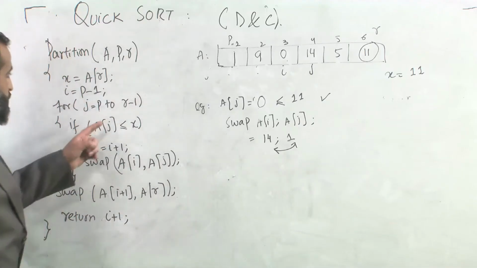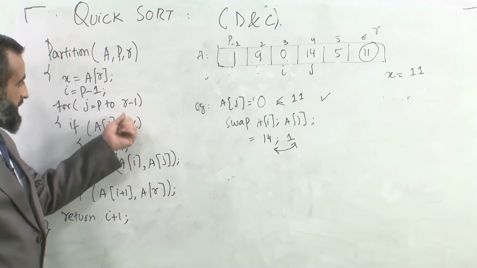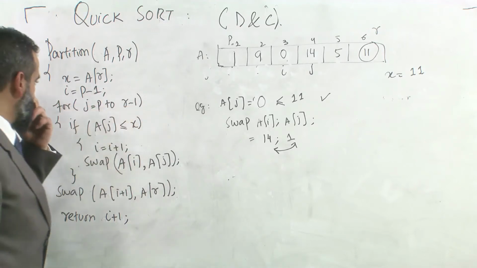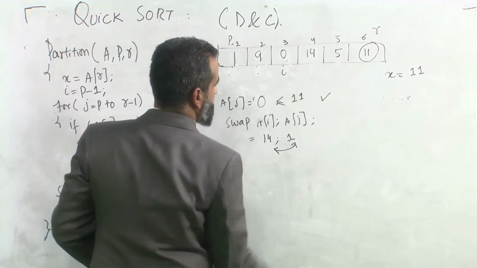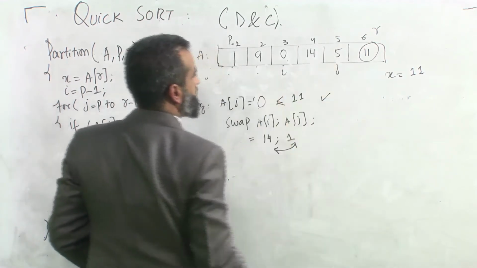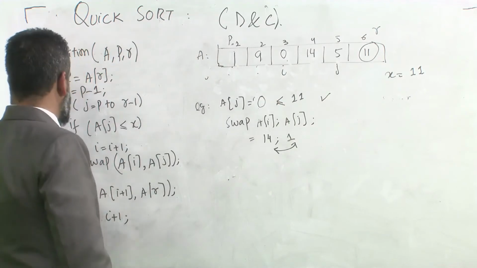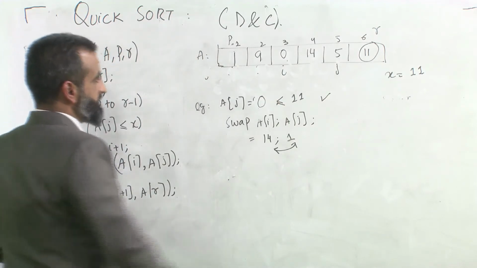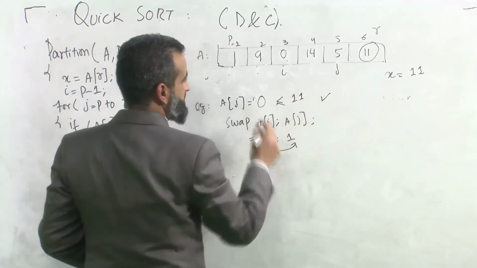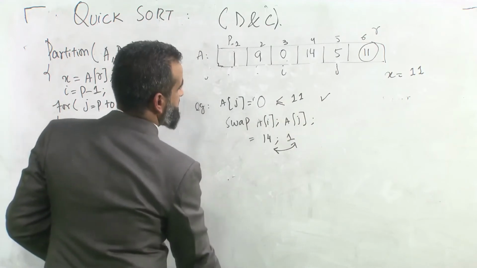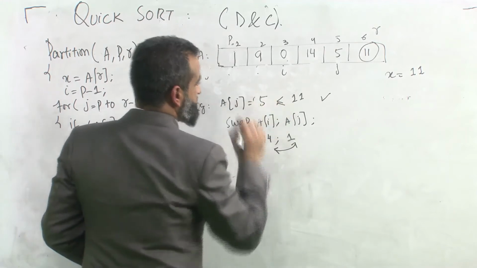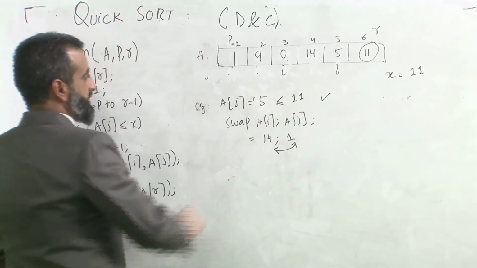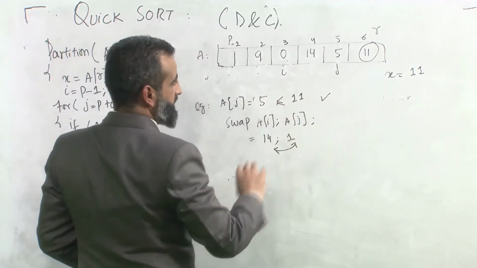We are not yet done with the loop, because the loop has one more element to go, so we'll increment J. In this case, my J will start pointing towards 5. Again, we'll compare A of J and X. Since A of J is now pointing towards a 5, the condition is true, so we'll make the necessary swap.